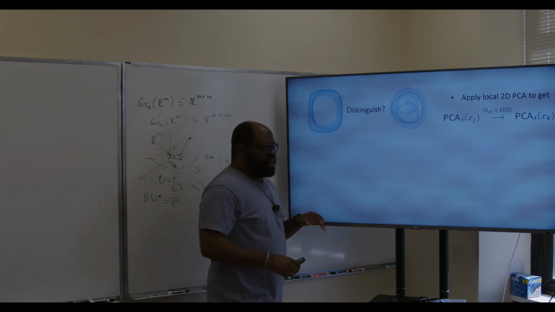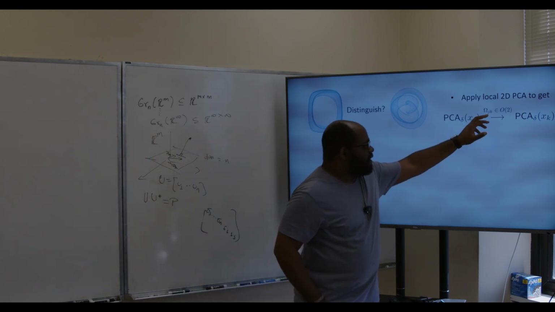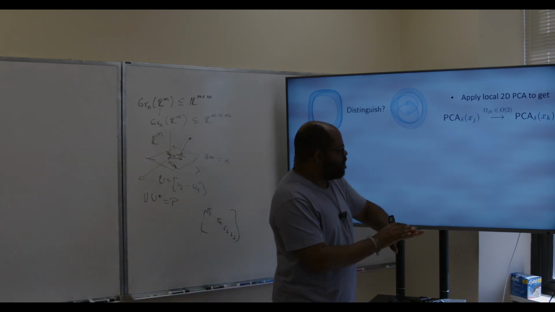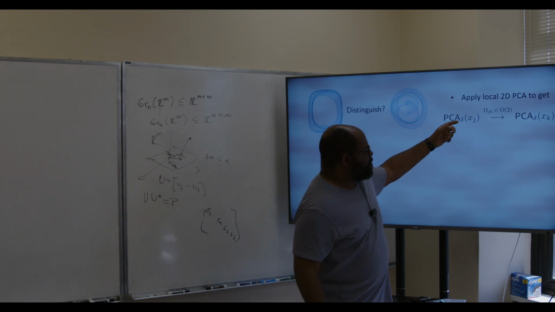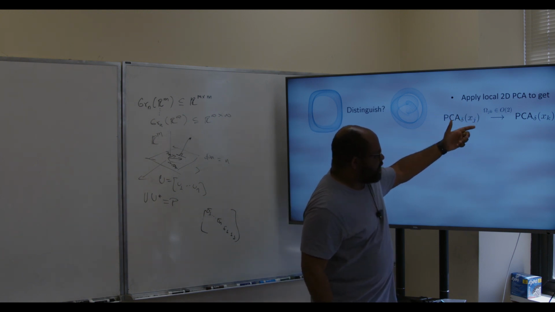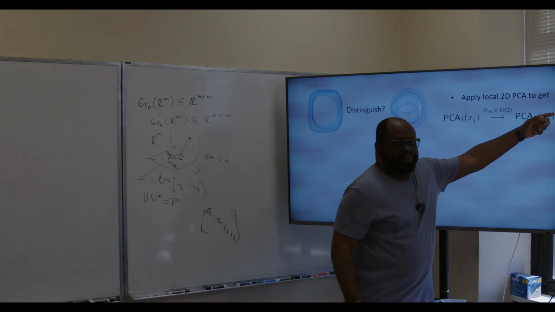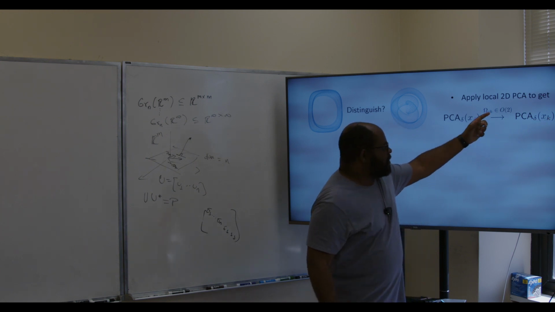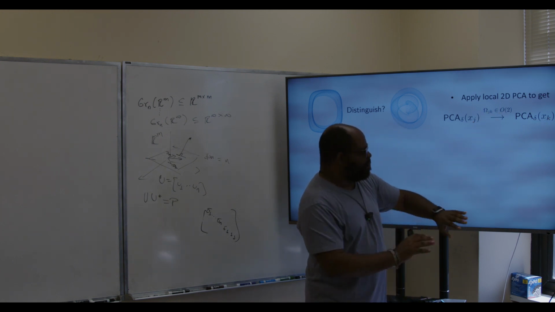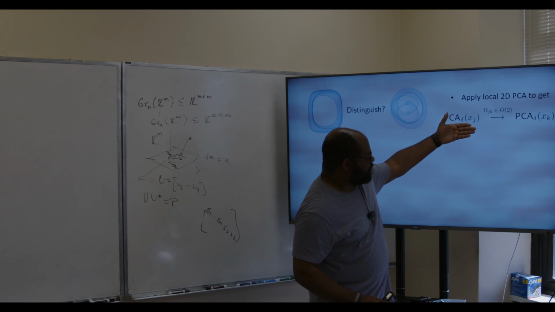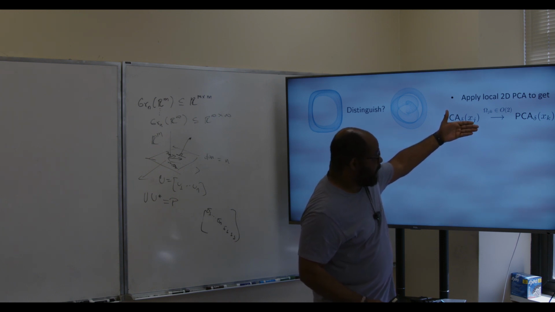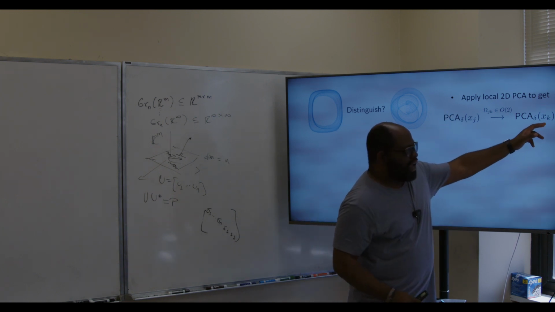And now take omega jk to be the transition function, or the alignment, between the PCA at j and the PCA at k. Again, just think of this as aligning the bases over xj to the bases over xk.